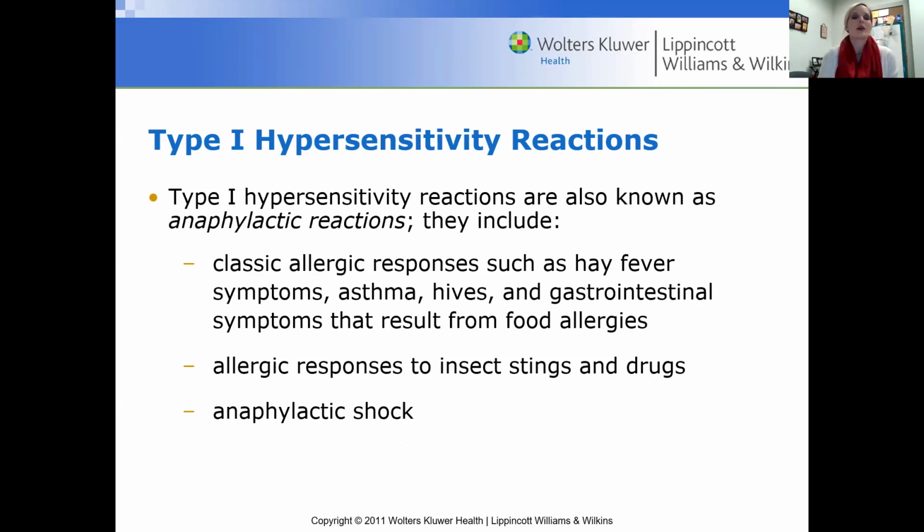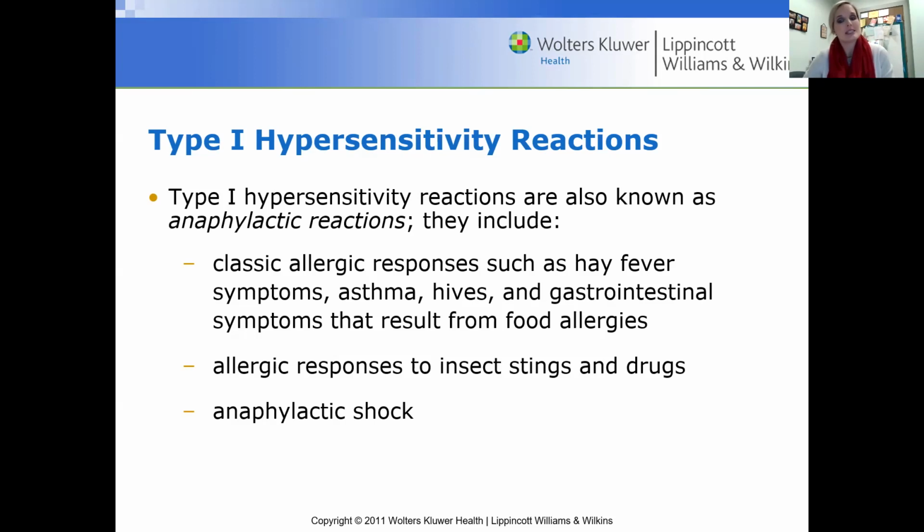So like I said, the type 1 hypersensitive reactions are also known as anaphylactic reactions, which include your classic allergic responses, such as hay fever symptoms, asthma, hives, and gastrointestinal responses that result from food allergies. Sometimes people are lactose intolerant, and sometimes that makes them have responses through their stomach, such as vomiting or diarrhea.